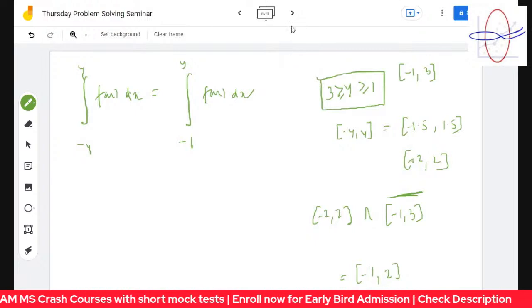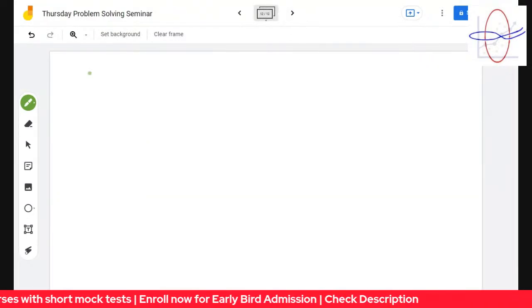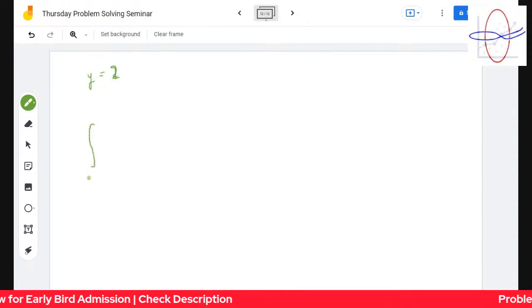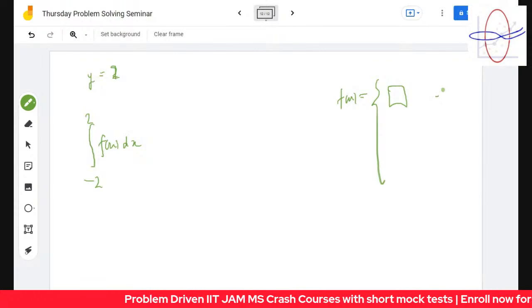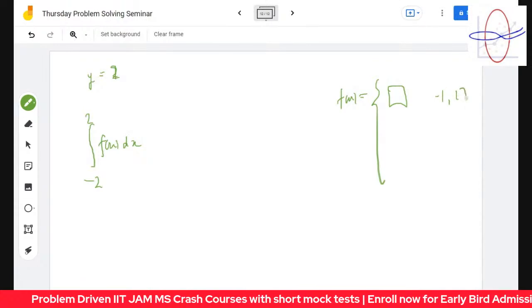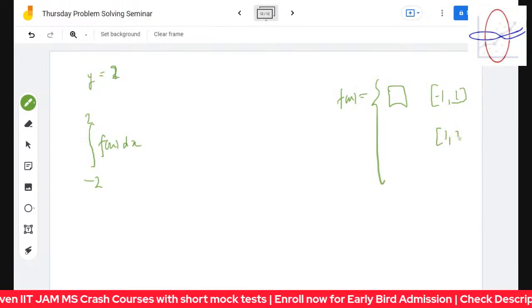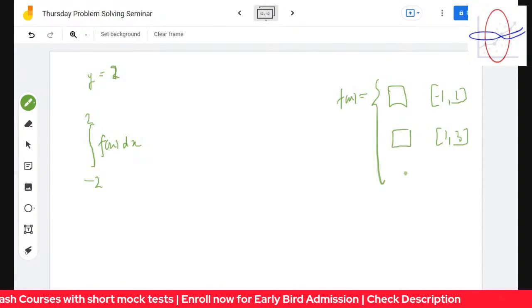Sure. So let's take y is equal to 2. So you will need to do the integration from minus 2 to 2 of f(x) dx. Now understand, f(x) is defined as something between minus 1 and 1, and something between 1 and 3, right? And 0 otherwise.